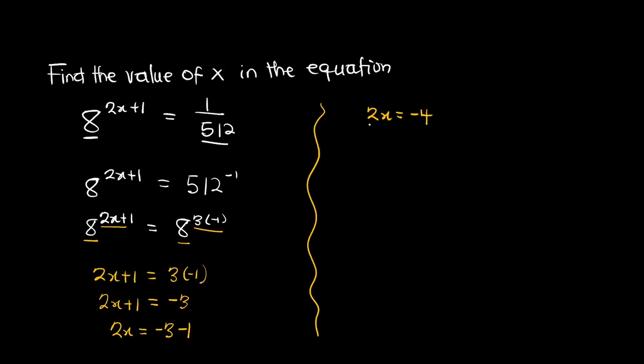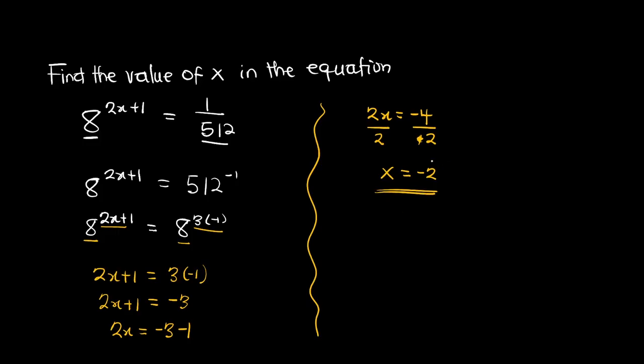Because I want to find the value of x, I divide both sides by the coefficient of x, which is 2. After dividing both sides by 2, I have x equal to negative 2. So this becomes my answer for this particular question.